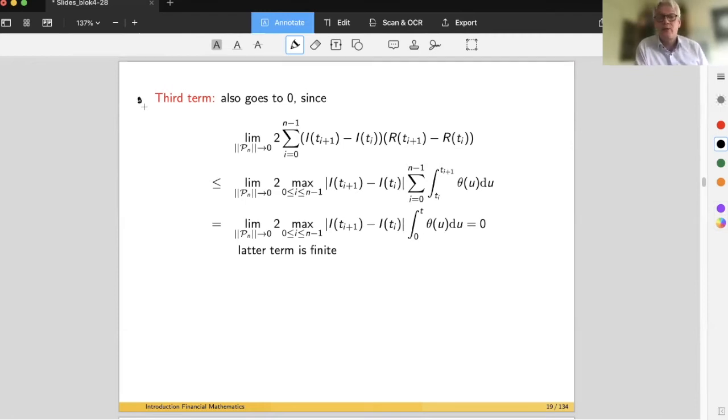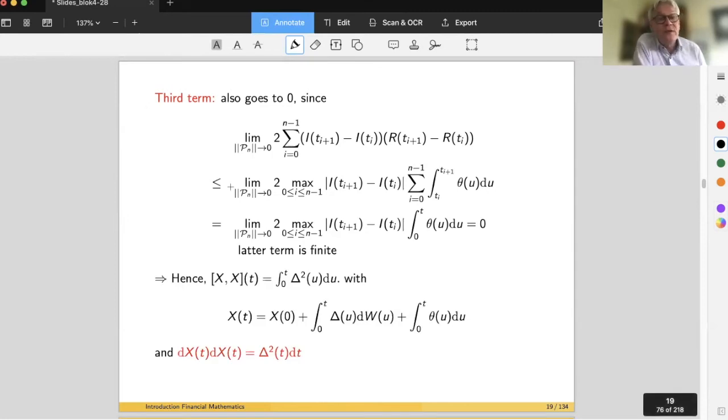And in fact, we have proven that the quadratic variation of x is indeed the integral from 0 to t delta square u du, where x is the Ito process defined as xt is x0 plus the integral from 0 to t delta u dwu plus the integral from 0 to t theta u du.